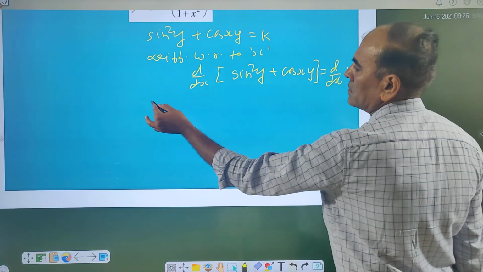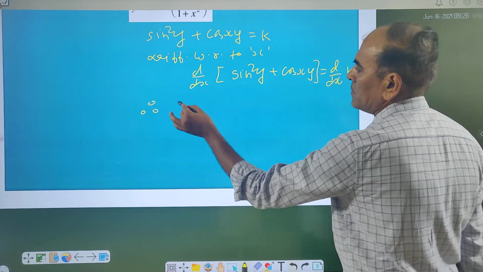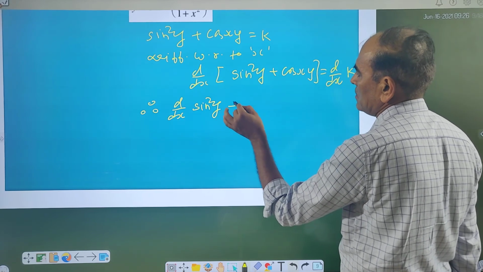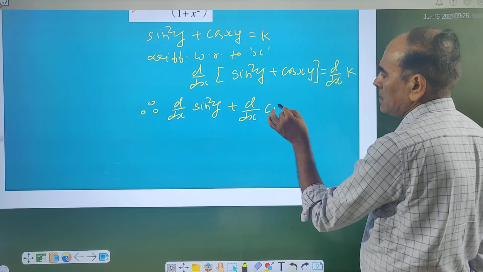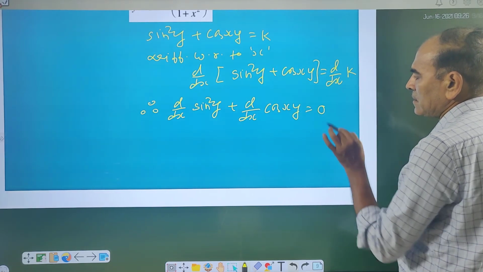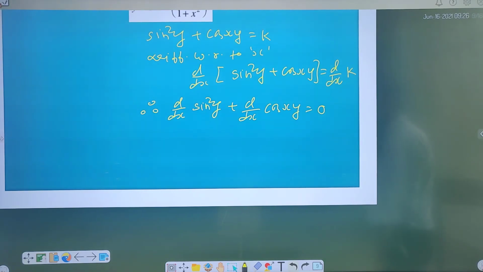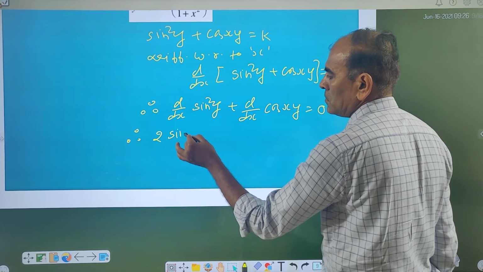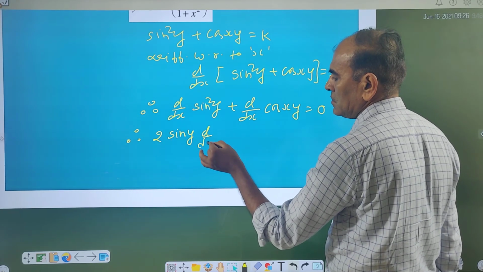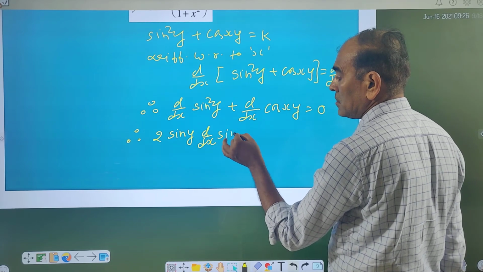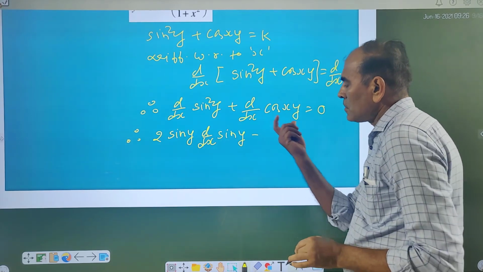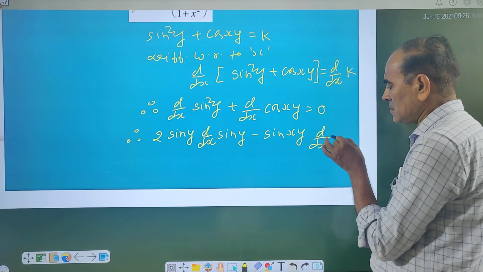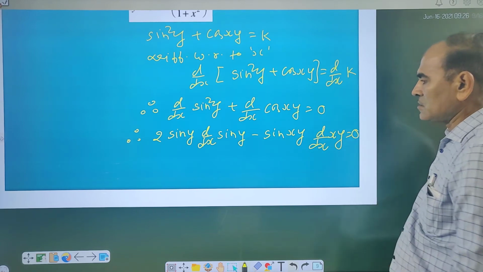Now see here, the sum is given, so differentiate term by term: d by dx of sine square y plus d by dx of cos xy. On the right hand side it is 0. Some function square gives 2 times some function d by dx of some function, and cos of some function gives minus sine of some function d by dx of some function, equal to 0.